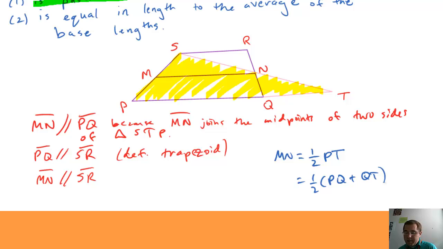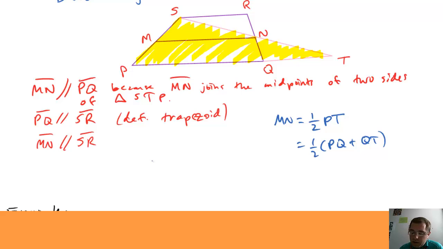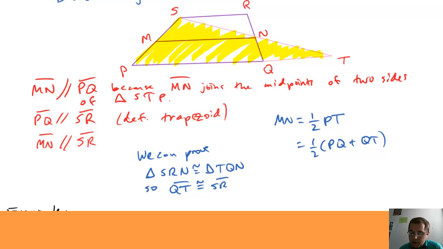The segment addition postulate tells me that PT is PQ plus QT. And I can prove triangle SRN is congruent to triangle TQN. So QT is congruent to SR, and I'm going to substitute it in here to get that MN is half of PQ plus SR, which means it's the average of PQ and SR.